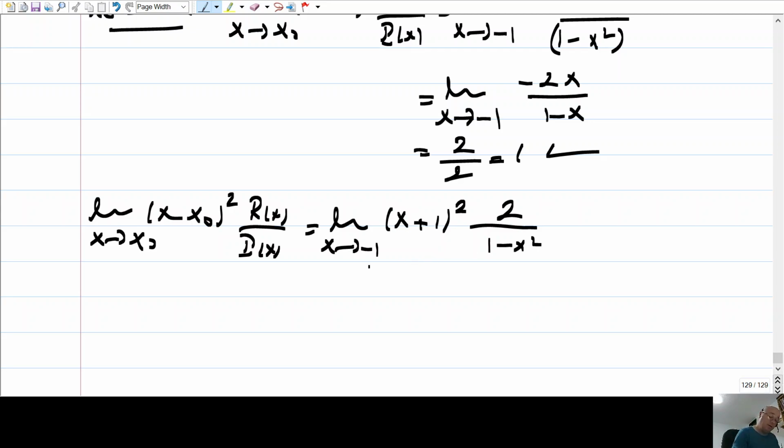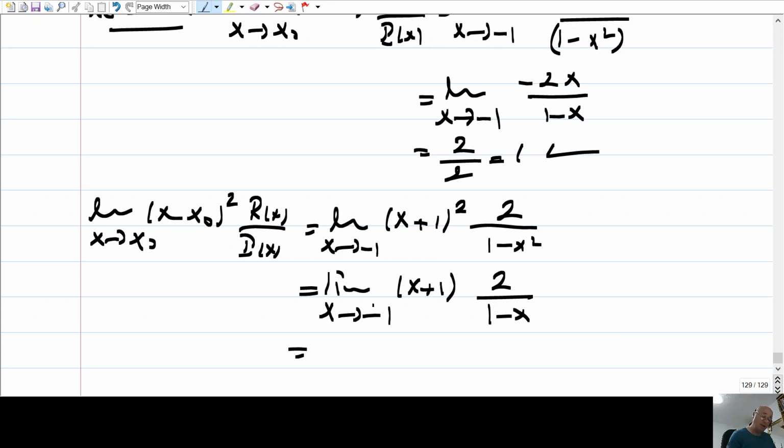So again, one of the x plus 1 factors is cancelled, and then I have 2 over 1 minus x, with x plus 1 left in the numerator.